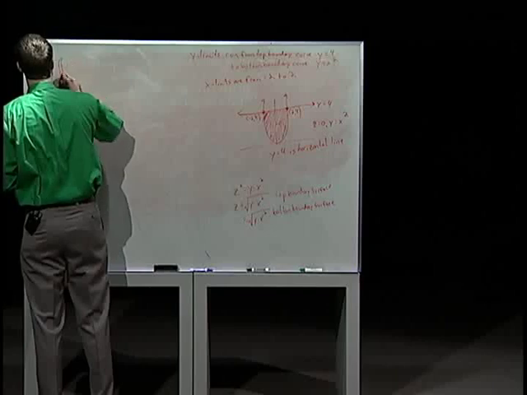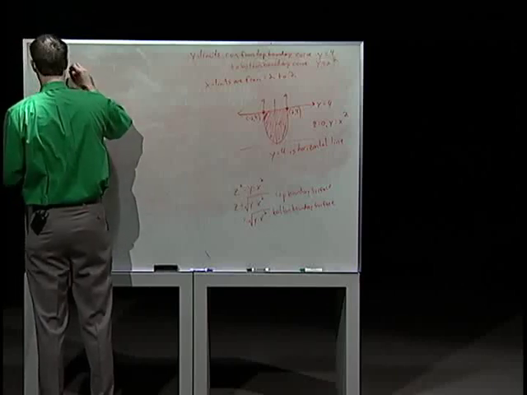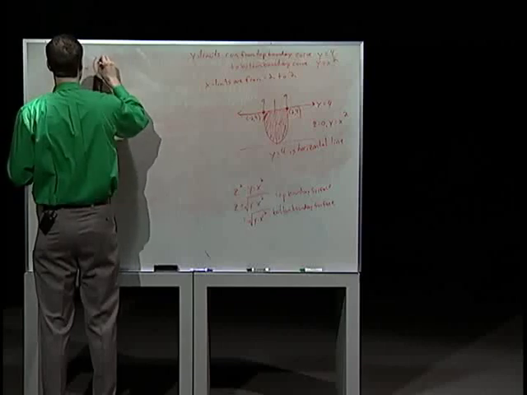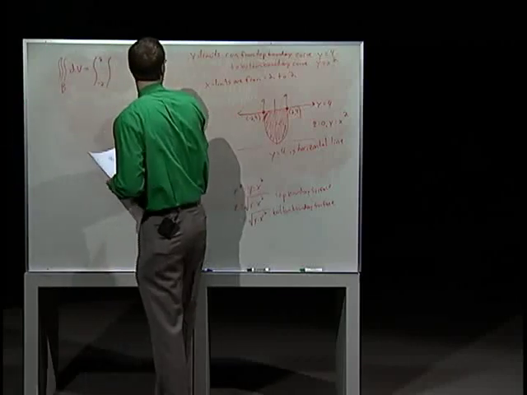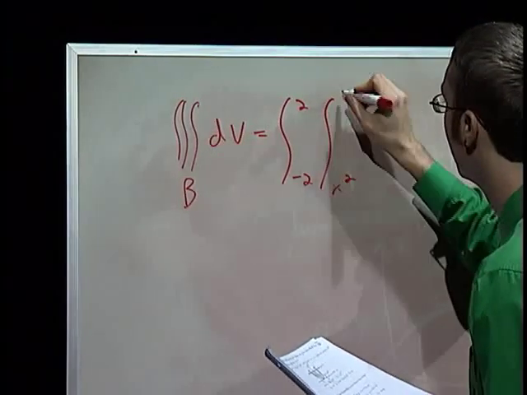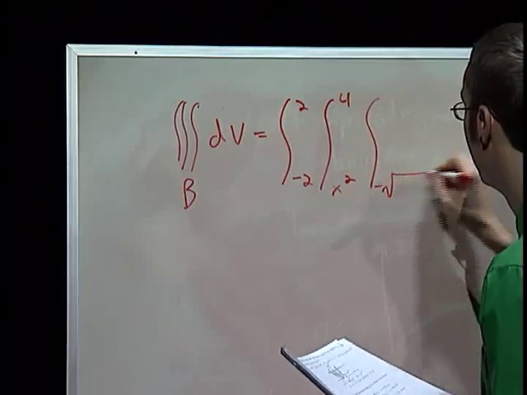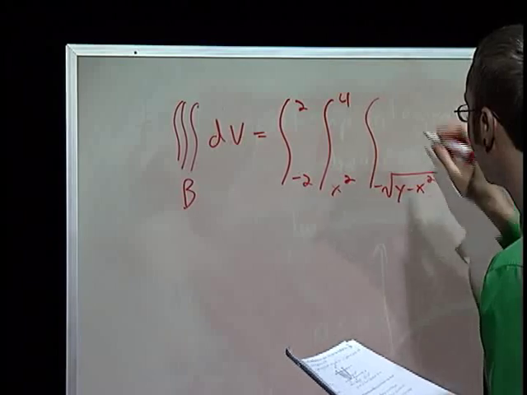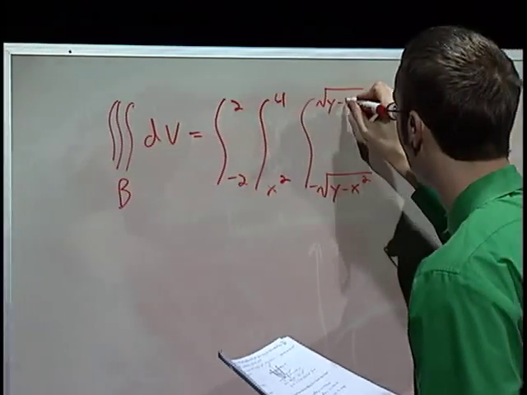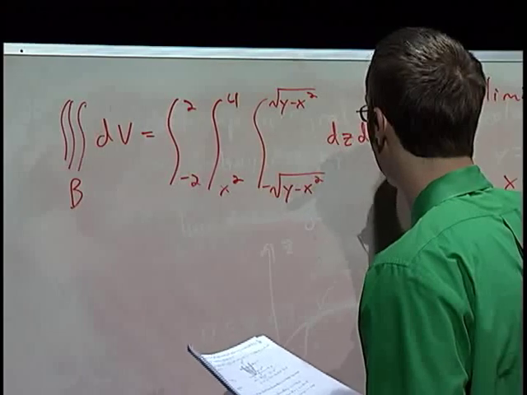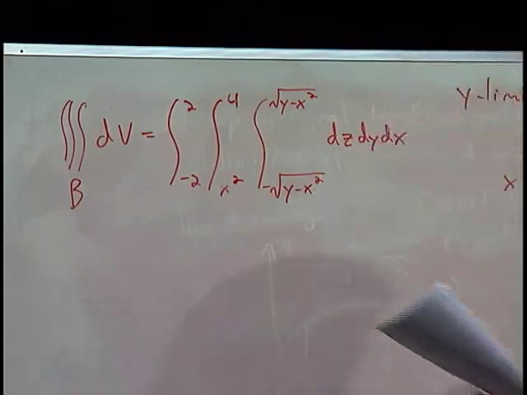So the region B dV is the integral from -2 to 2, x squared to 4, and negative square root of y minus x squared to positive square root of y minus x squared, dz dy dx.